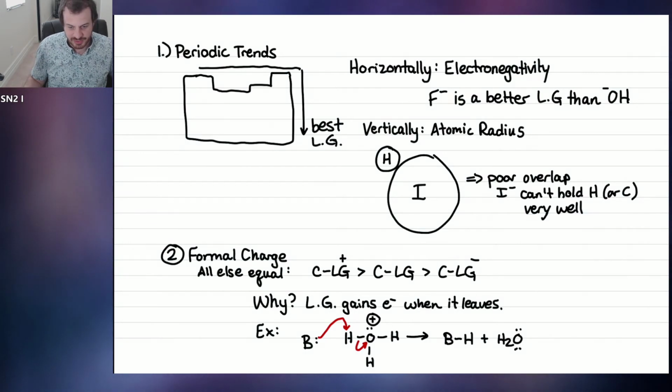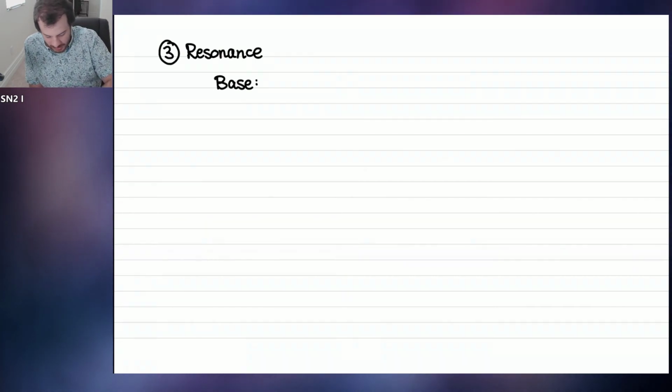The last thing to consider for leaving group strength is resonance stabilization of the leaving group. Take, for example, the following acid-base reaction. And again, acid-base reactions and Sn2 reactions are totally analogous. The only difference is instead of grabbing an H, you're grabbing a carbon.